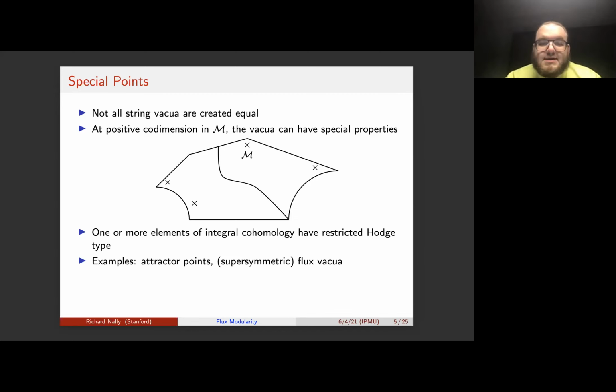What happens is at positive codimension in moduli space, one or more elements of integral cohomology has restricted Hodge type, and so usually that will make something interesting happen. If I give you a typical element of integral cohomology, like let's say an element of H3 of X, Z, it will in general have components along H3,0, 2,1, 1,2, and 0,3. But if, for instance, it has no 3,0 or 0,3 component, something interesting can happen.